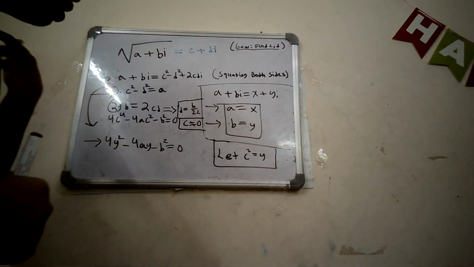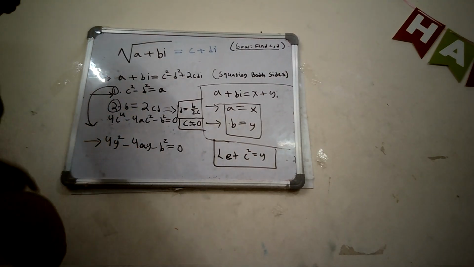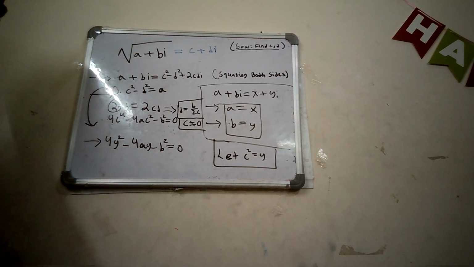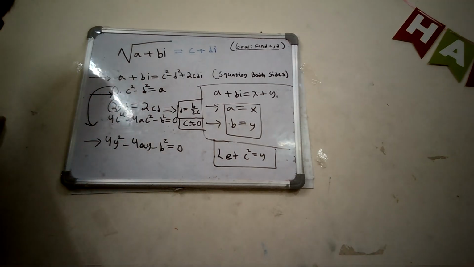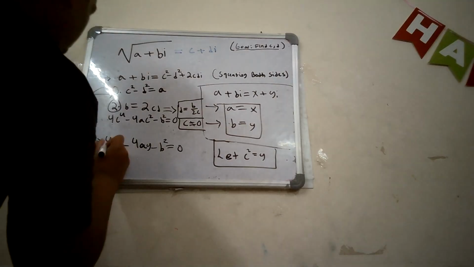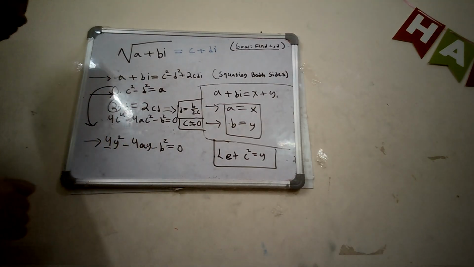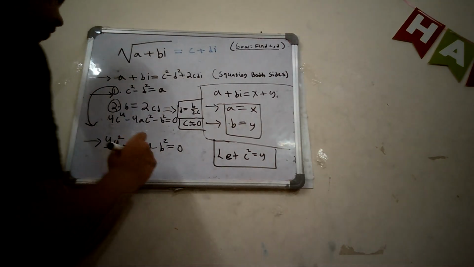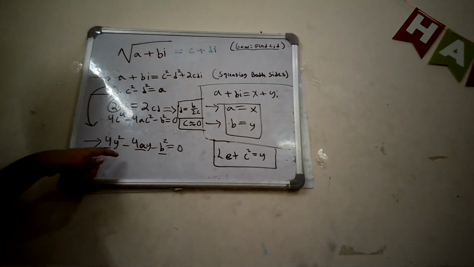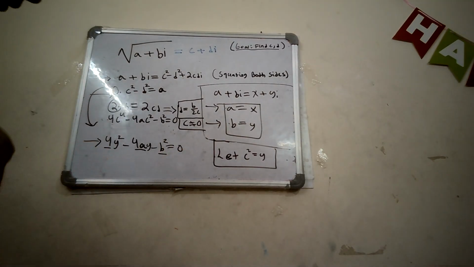Got it? Now we just have to solve this quadratic, and we can simply use the quadratic formula. This is in the form of ax squared plus bx plus c, where the coefficients are negative for these two.